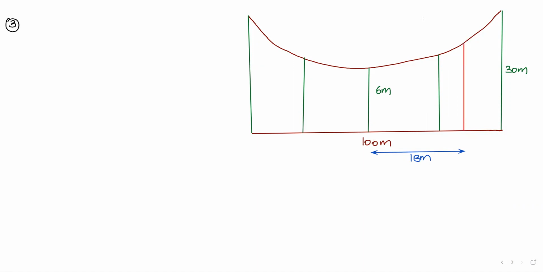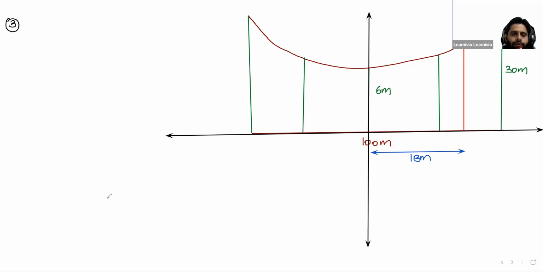What can we do? Now we will try this question.